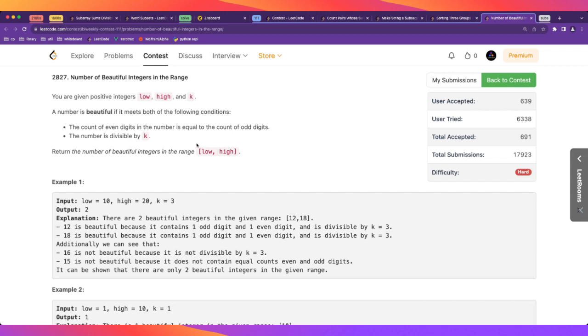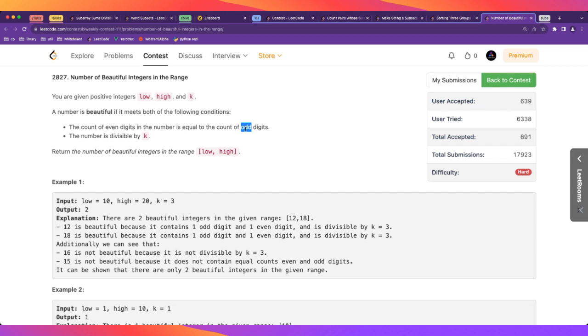So the depth of the recursion is going to be very shallow. So what I'm saying is that the total number of digits is going to be up to 10. So the number of subproblems, if we keep that as a parameter of the subproblem, is going to be very small. So we need to keep track of how many even digits, how many odd digits we added so far.